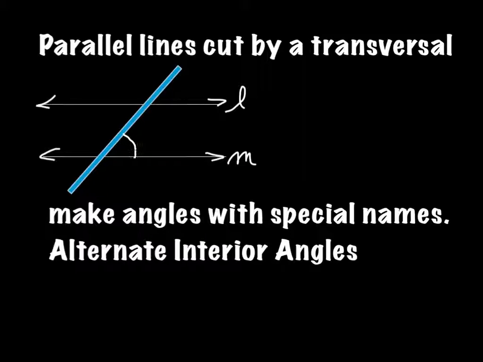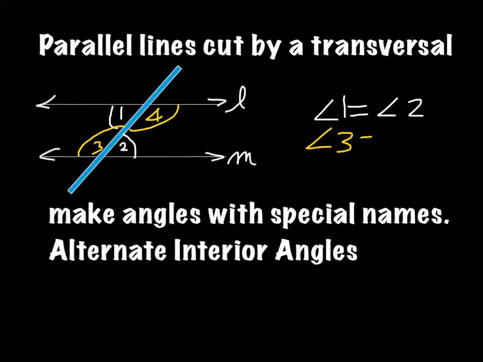One way to begin is to talk about these two angles right here, which I'll label angle 1 and angle 2. Angle 1 is equal to angle 2 for a guaranteed fact. It's also a fact that angle 3 must be the same as angle 4, and it's for the same reason. We call those angles alternate interior angles.